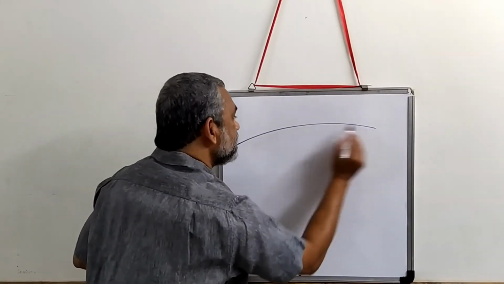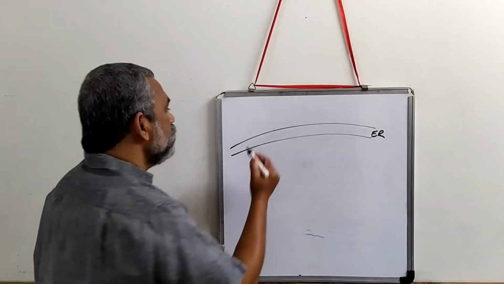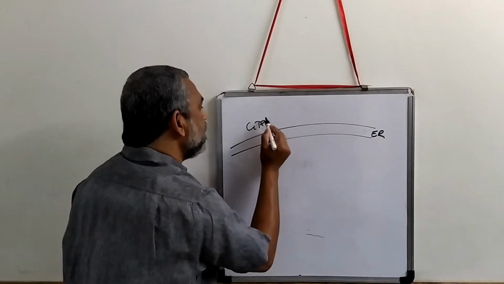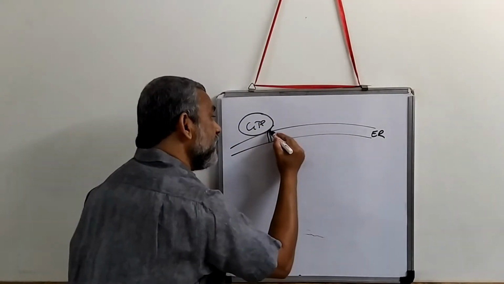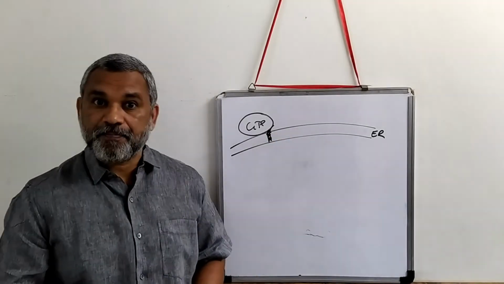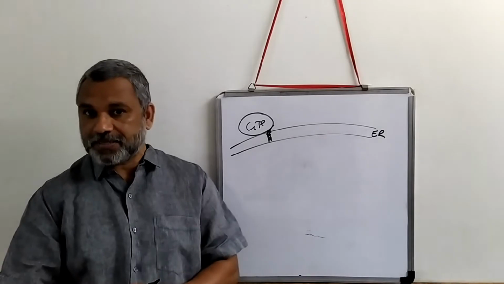We have seen in the first step, if this is the endoplasmic reticulum membrane, our GTP bound SAR1 is embedded in the membrane. We have also looked at how the cargo selection procedure occurs.